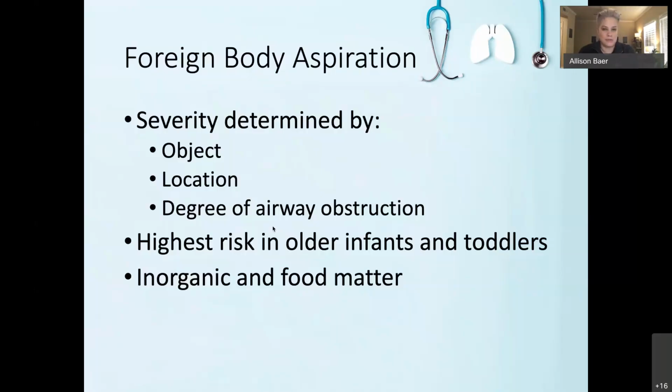Button batteries, those are the worst, because the chemicals of the battery itself can then eat away at the lining of their airways. But I've seen plenty of food matter ones too: carrots, grapes, apples, popcorn kernels. My first brain death case was a little girl who choked on a piece of apple. So it can be anything.